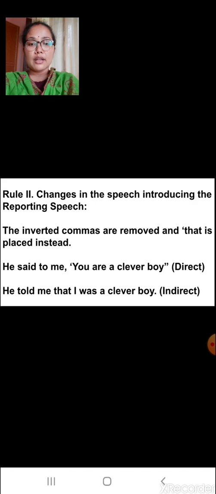How will we remove the inverted commas and put that in place of them in indirect speech? Let us see. He told me that I was a clever boy. So by removing the inverted commas, what have we put here? That.